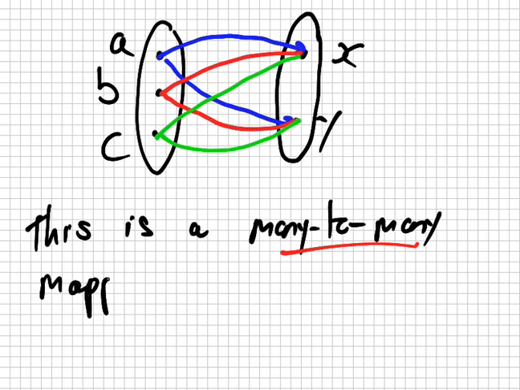Although a lot of A-level books, I don't know if it's just me or a difference between UK, Ireland and US, but a lot of A-level books would just call it one, many. But for me, I'm always used to putting two in the middle. So 1 to 1, 1 to many, many to 1, many to many.